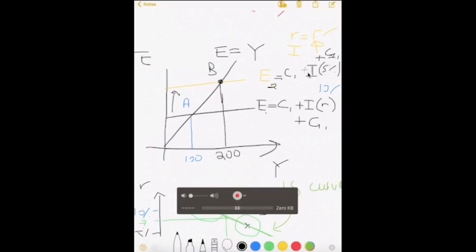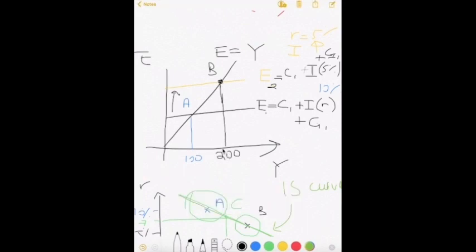When the cost of doing business went down, investment increased. When investment increased, the total size of planned expenditure increased to E2. When this increased, the planned expenditure curve shifted upwards, and a new equilibrium was established at point P. At point P, the GDP is now higher.